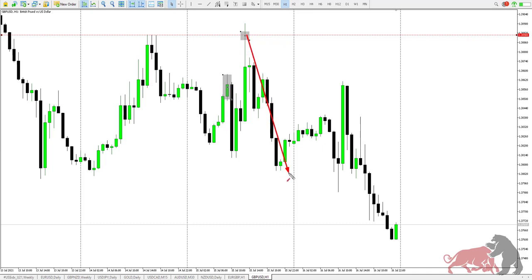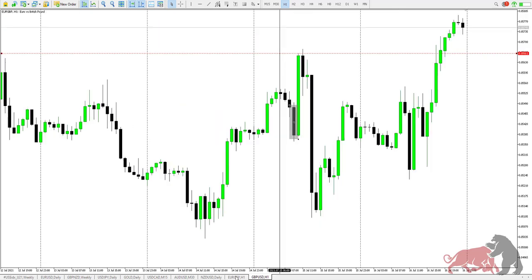Immediately after that, there was a rejection from these relatively three equal highs, meaning there were buy stops that were liquidated, which paved the way for the market to trade lower. They've got all the liquidity that they need now to push price to the downside.